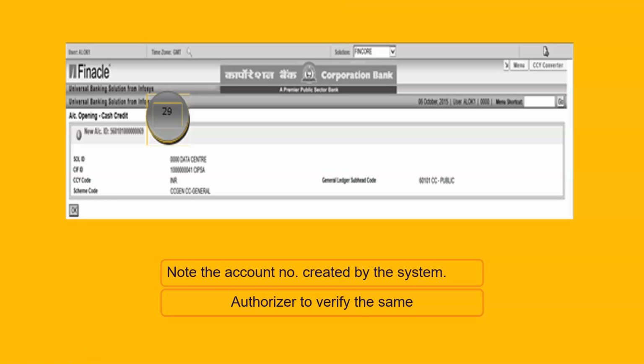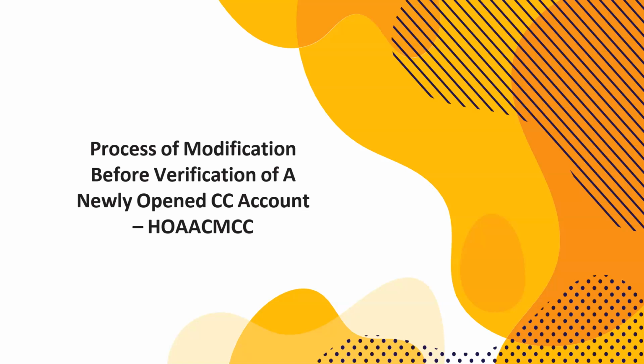So note the account number created by the system, and it has to be verified by another user, another officer. It has to be verified. Another process that I told you while opening savings bank account also, the same maker can modify before verification also. Suppose I opened an account, I felt certain data has been entered wrongly, or I have omitted to enter any data.